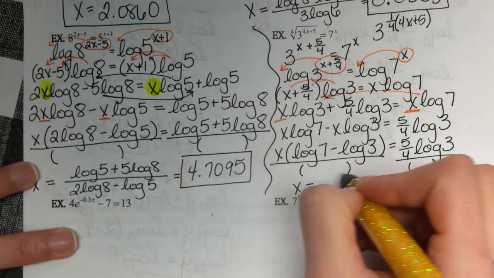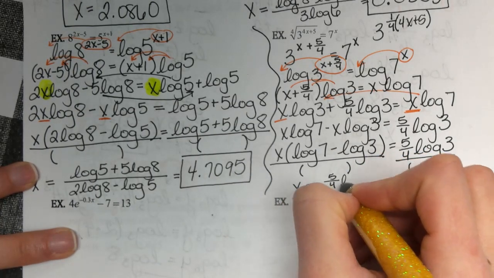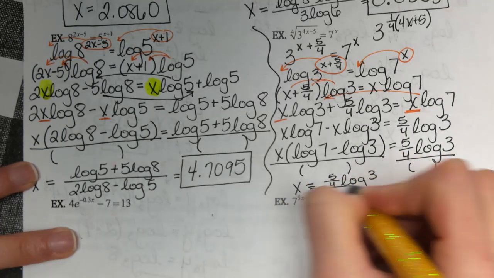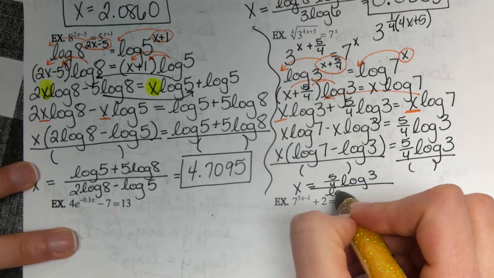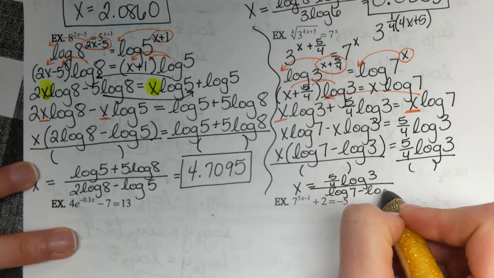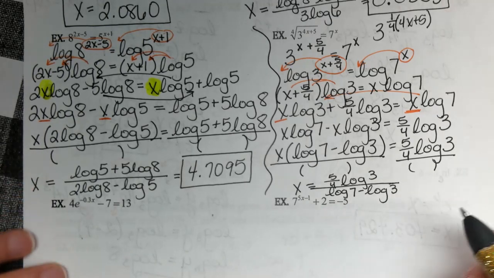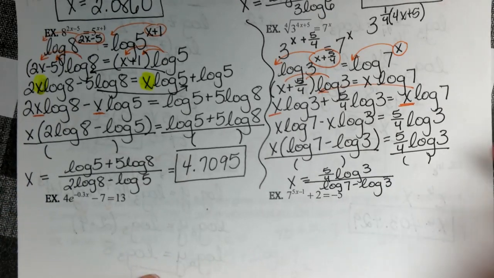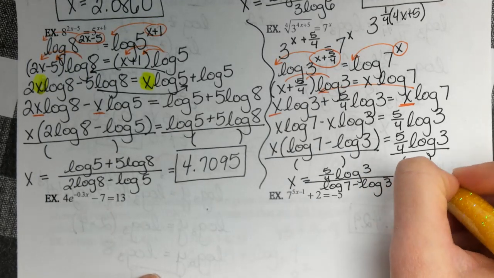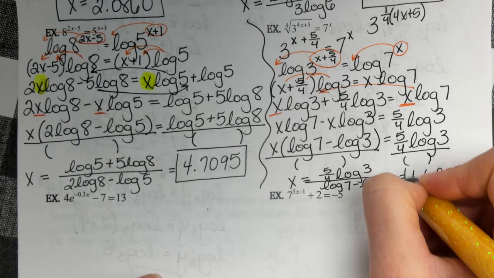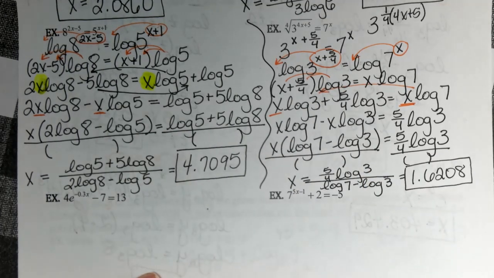So x equals 5/4 log 3 divided by log 7 minus log 3, which is 1.6208. I'm going to skip the rest for time's sake. That way I can still give you this natural log example.